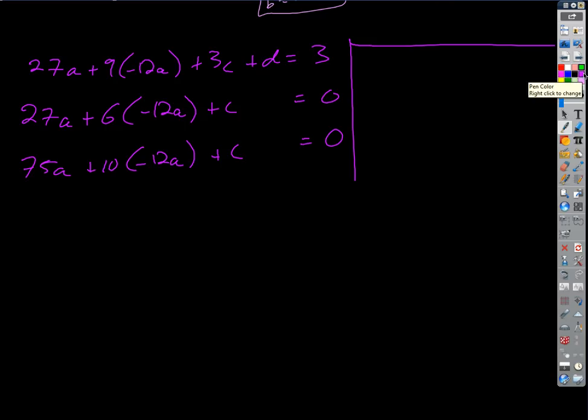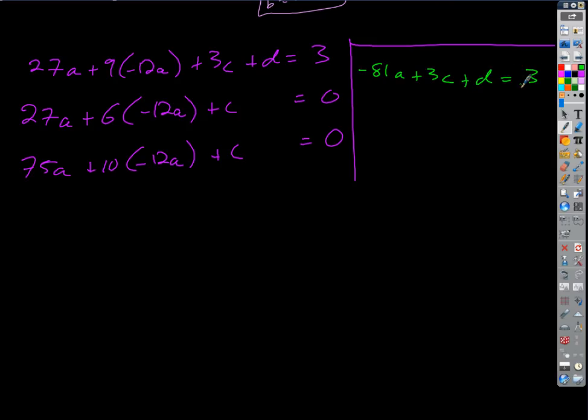If I combine these, it's 27A minus 108A is what? What is that? So what was it? 81. Negative 81A plus 3C plus D equals 3.